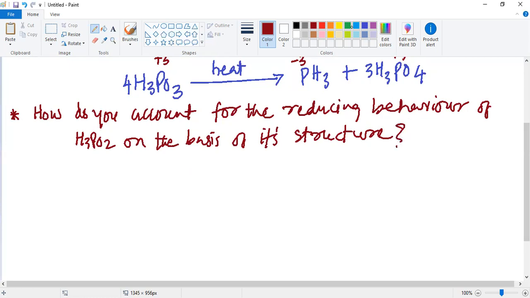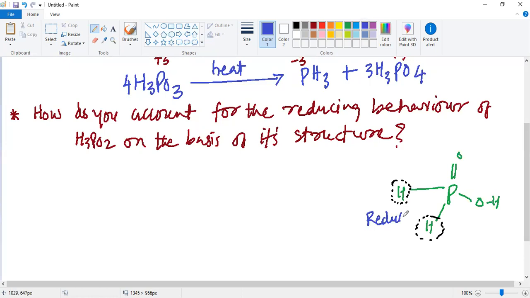Please remember, my dear students, to explain this, let us first draw the structure of H3PO2. So P double bond O, then we have OH, and we have 2H. We are well aware, my dear students, that these 2H are called the reducing H. This 2H we call as reducing H, this one and this one.